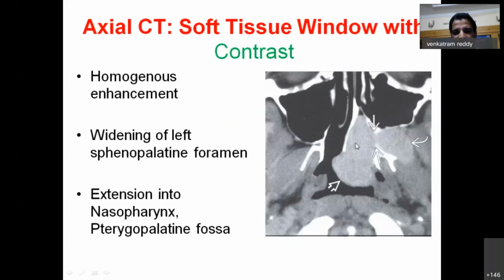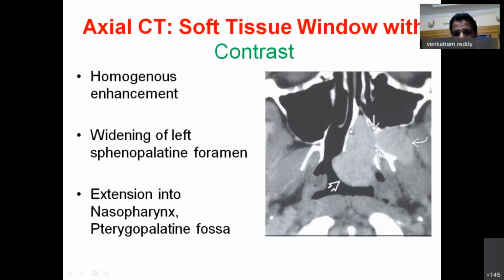Again, a contrast investigation. You can see the contrast, that's a clear dumbbell-shaped tumor of the JNA. So this is in the choana, this is the posterior septum, choana, the sphenopalatine area and the pterygopalatine area, and going a little bit into the second focus.